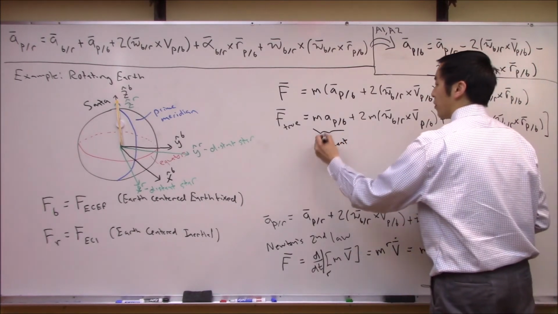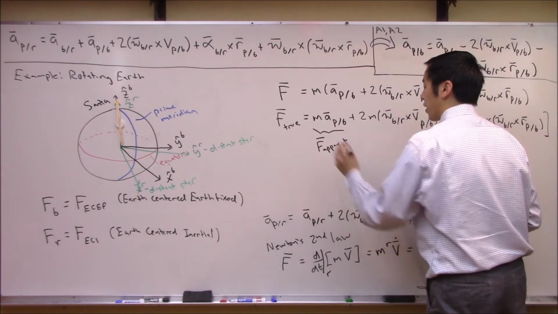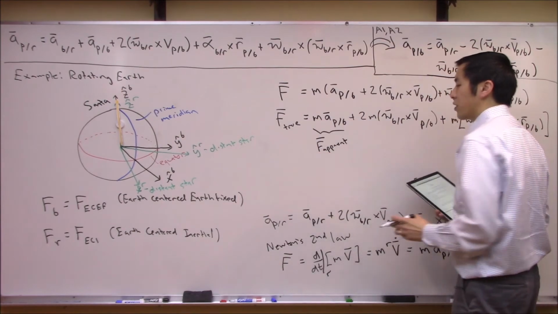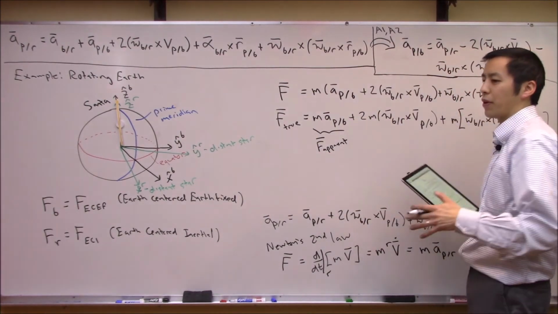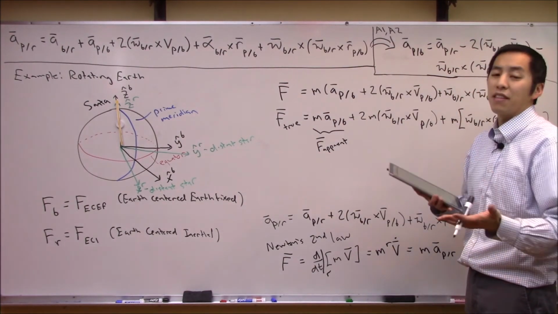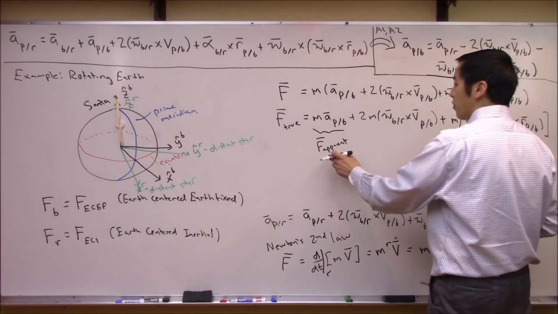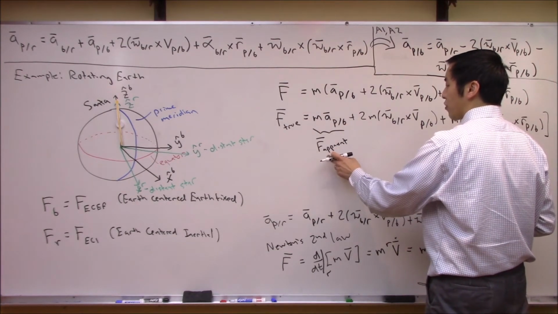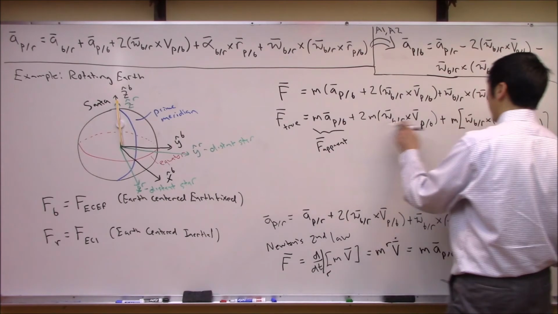Maybe we should have had a vector term on this, right? So this is the forces that an observer on the body frame is going to see the effect of. So let's isolate this term. I just need to move this and this to the other side.